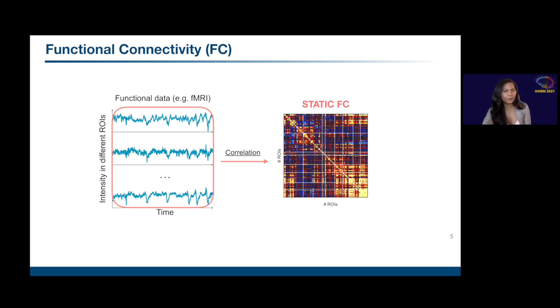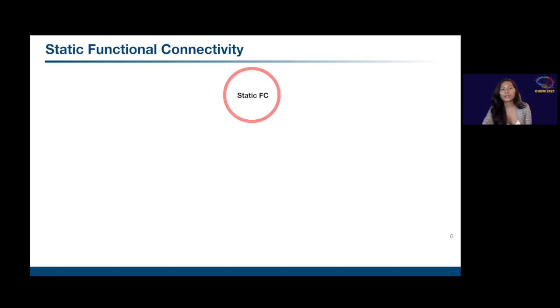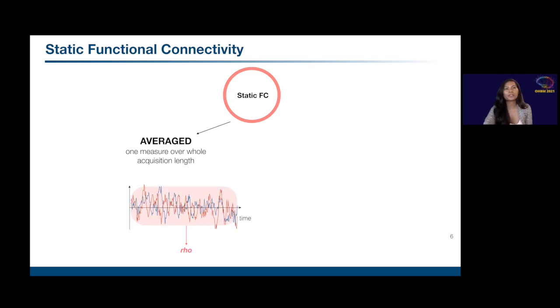So there are two different properties of static functional connectivity that I would like to address in this talk. The first is that basically static functional connectivity gives an average measure over the whole acquisition length. What does it mean? So given two time courses, the output of this is a single measure.